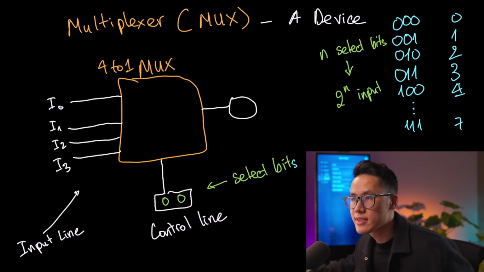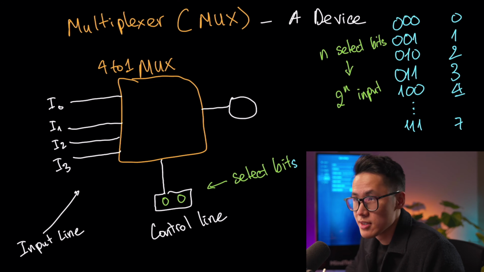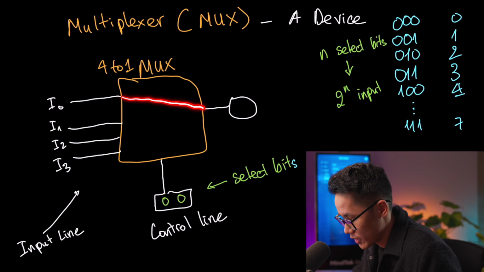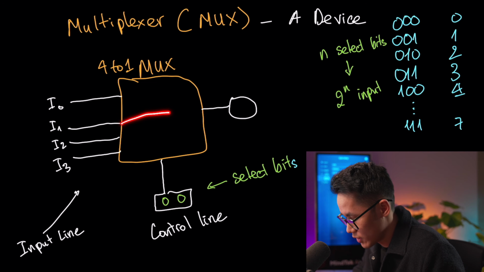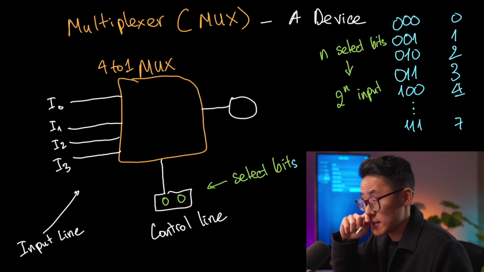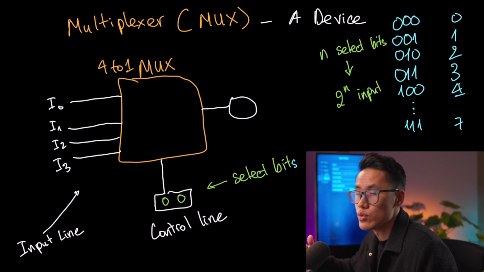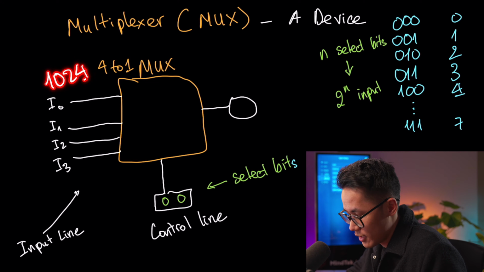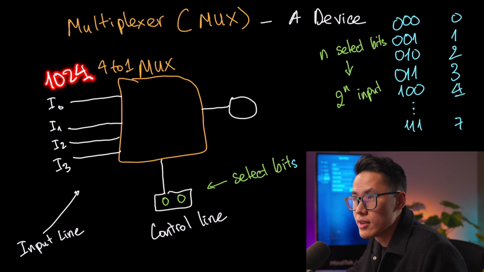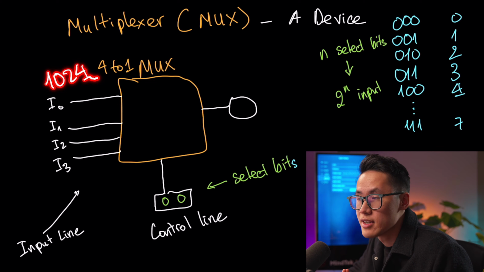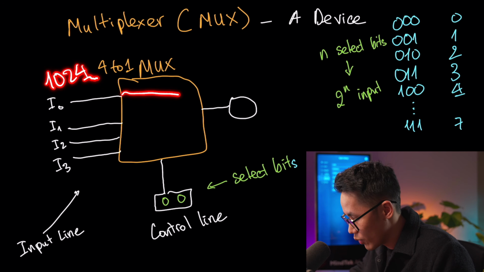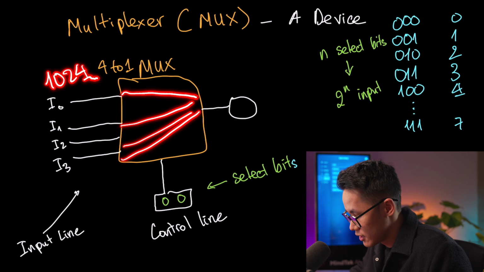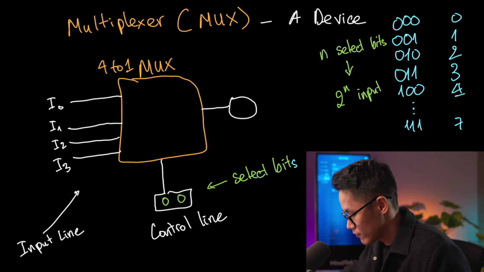Now the question that you may ask is why do we need to use a mux to connect from this one to the output or that one to the output? Why don't we just connect the wire to the output? And the answer is it's not an efficient way to do the selection. Let's say you have 1024 inputs. Now you have 1024 different wires you have to determine, like which one you want to forward to the output.